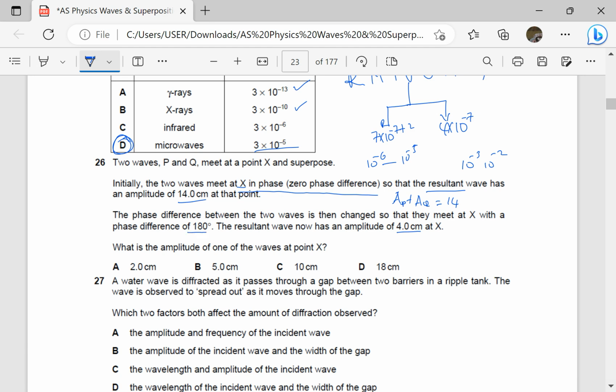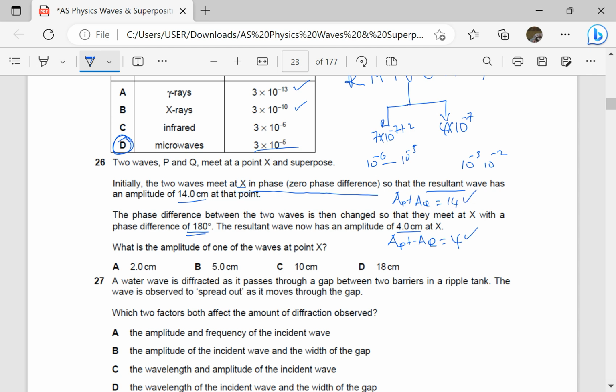Then here, for phase difference being 180 degrees, there is destructive interference. It means if we think of amplitude of P being greater and amplitude of Q being smaller, algebraically one must be positive and one must be negative, because we now see a smaller amplitude. Therefore, this is going to be amplitude of P plus negative amplitude of Q equal to 4.